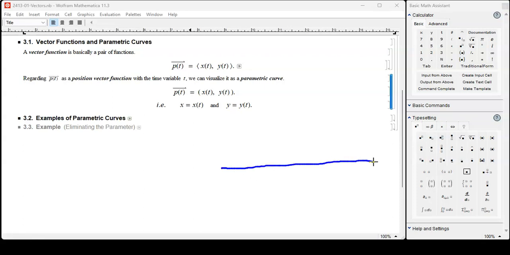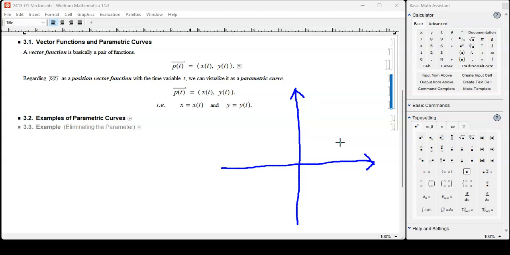Let's suppose we have x-axis like this and y-axis like that. And then x of t, y of t is horizontal and vertical position right here at a certain time t.